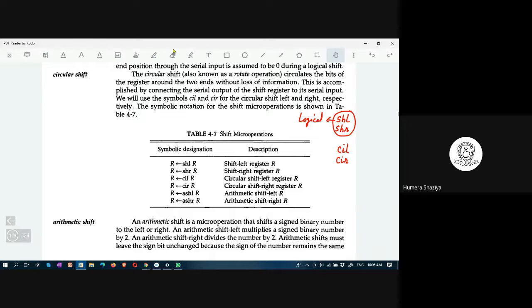And how do you denote it? A for arithmetic: ASHL, arithmetic shift left. L denotes left, SH denotes shift. And if there is no A, it is logical. If there is an A, it is arithmetic. ASHR, arithmetic shift right.